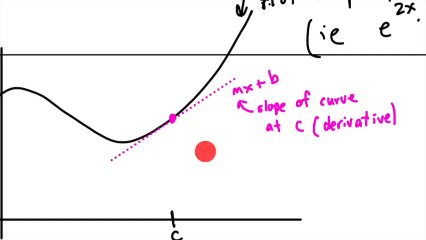And the tangent line and the curve are basically the same thing when you get infinitely close to C. So as you zoom in this way to point C on the curve versus this way on the tangent line, the values are basically the same.